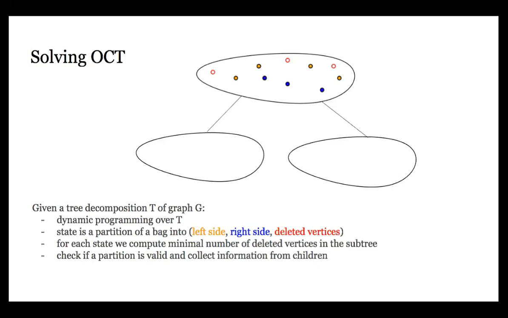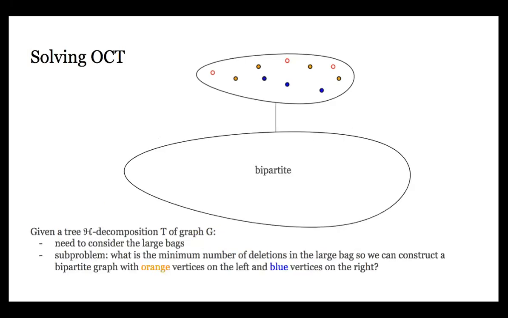So how to extend this approach to work with tree H decompositions? We just need to extend this dynamic programming to the case where our child node is a large bag.